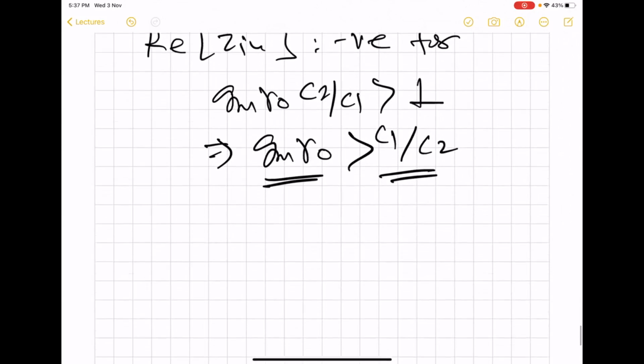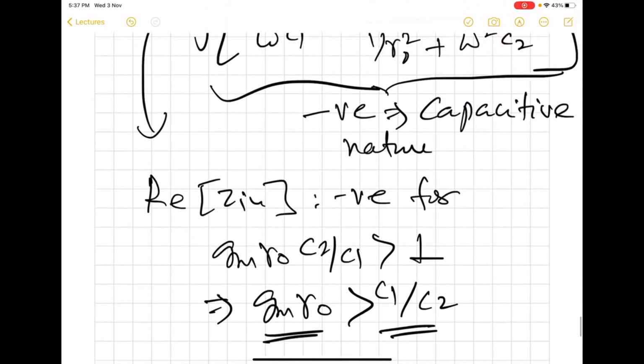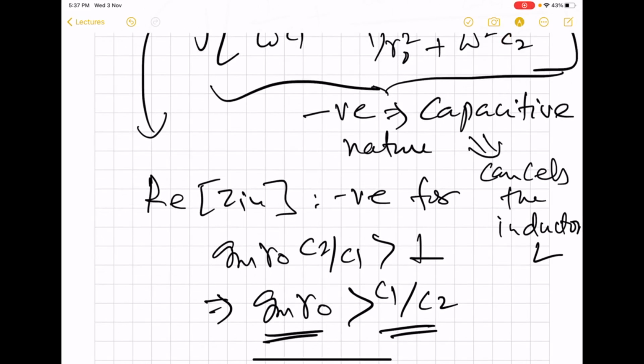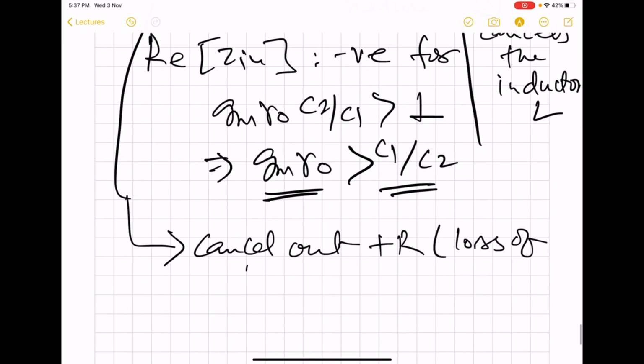So for that case, this one will be negative and this will cancel out the negative R. So this will cancel the inductor, and this factor will cancel out positive R, which is the loss of the inductor.